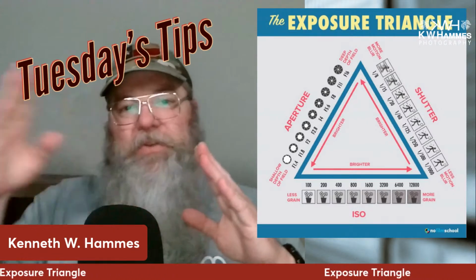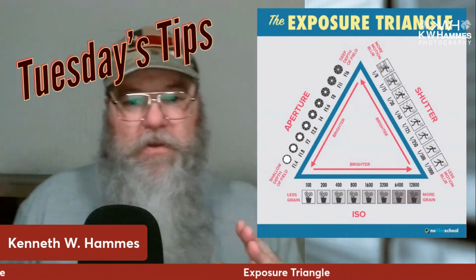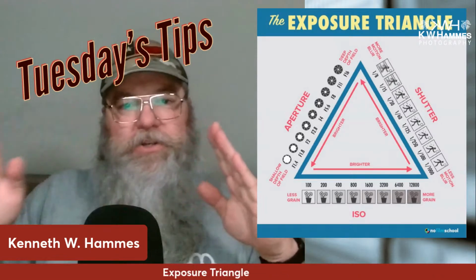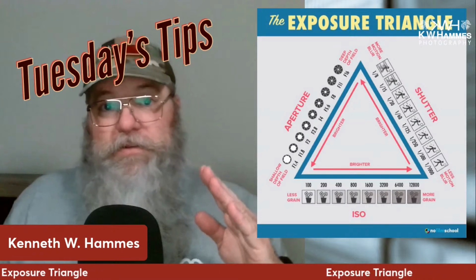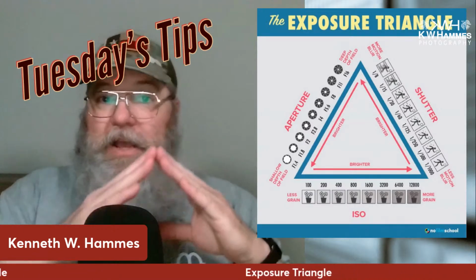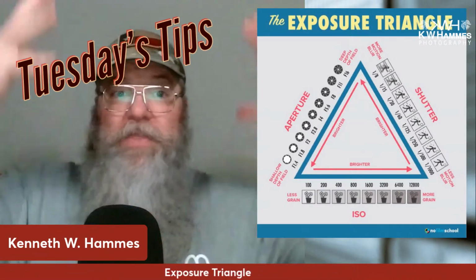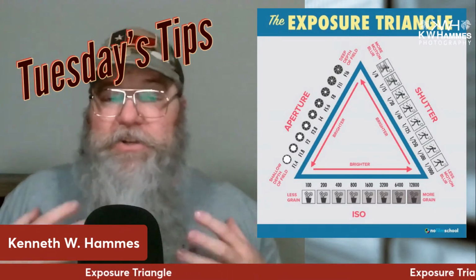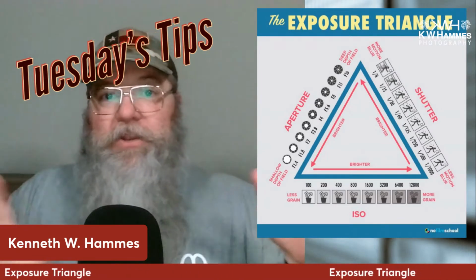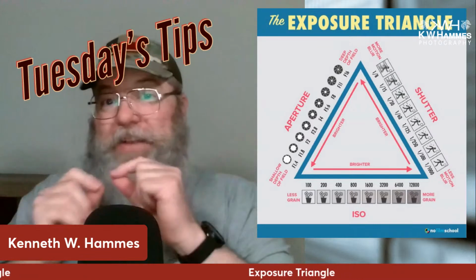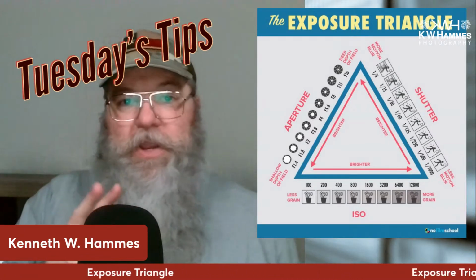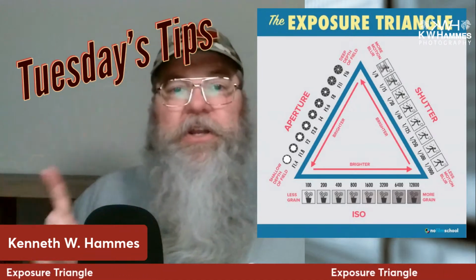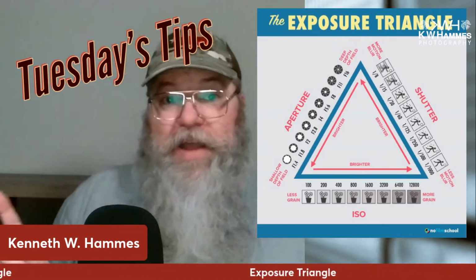So that means I need to increase my shutter speed, okay? So when you increase your shutter speed, you're moving up stops, okay? Now you got to remember your exposure was right. The way the light was on your subject was the way you wanted it. It was too blurry, so you needed faster shutter speed. So you have two choices that you can do here. You're going to increase your shutter speed by, say, 1 stop.